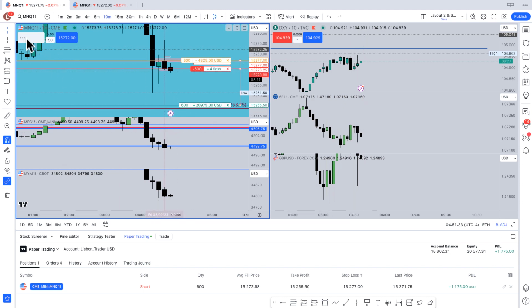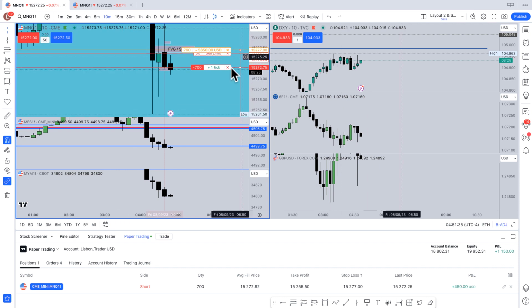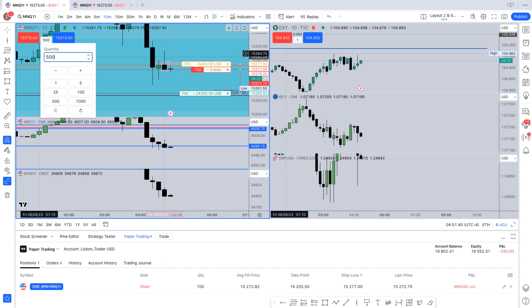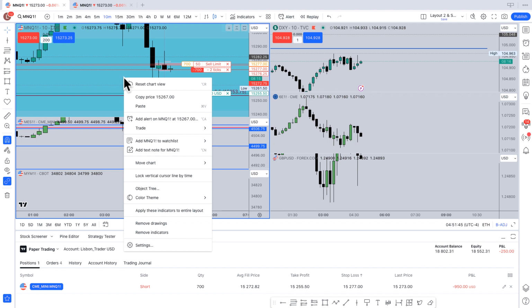Now it's definitely going down. We'll hit on these candles. So sell 20 lots here.